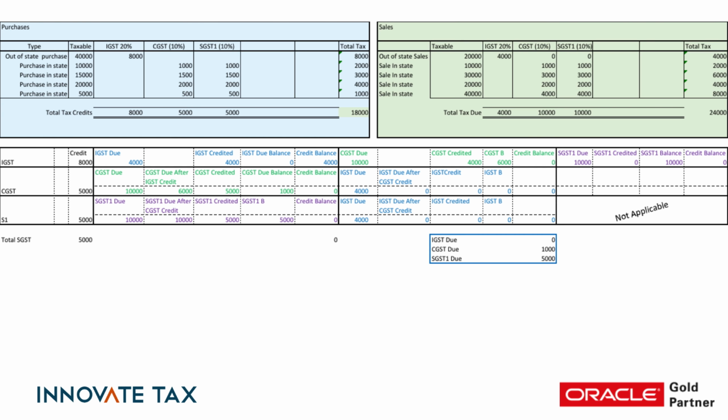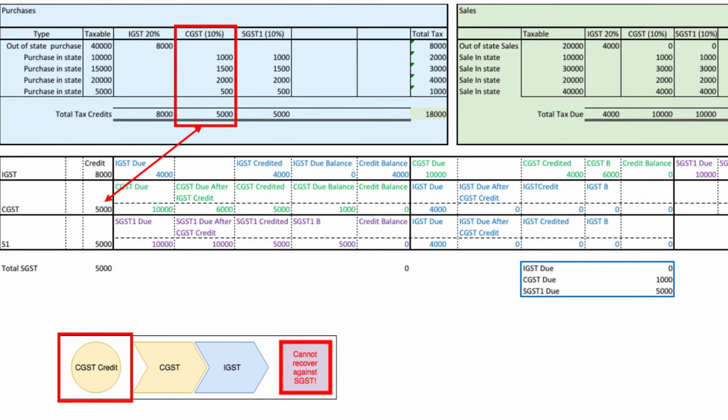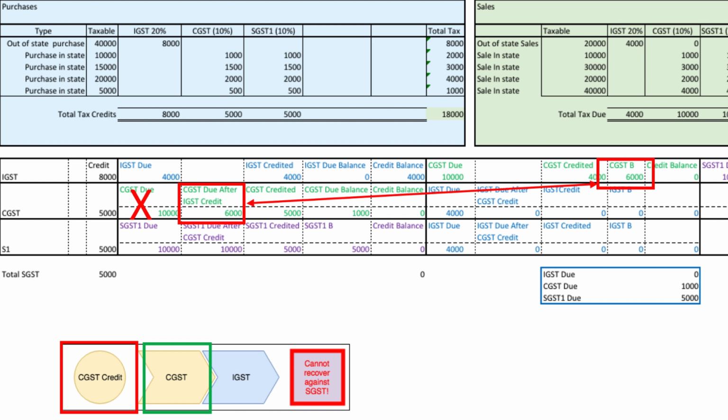Okay, so now we've allocated all our IGST credits, now we can allocate our CGST credits. So the total amount here from our purchases is 5,000, as you can see. And then the CGST sales is 10,000. But as I said before, don't use that 10,000 amount. We have to take the balance because we've already credited some, remember?